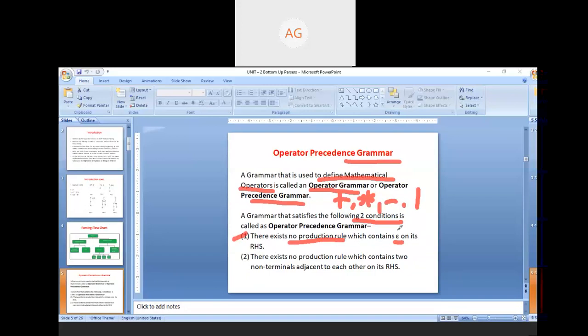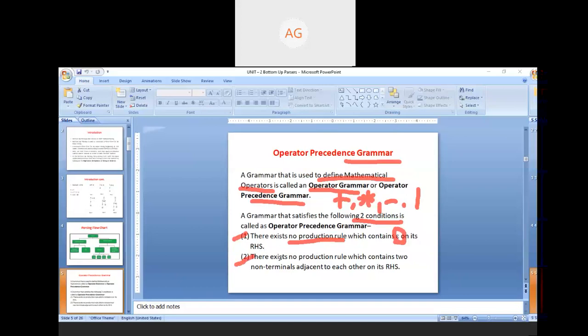Means epsilon will never occur on the right hand side of any production. And if there is a single production in your grammar which contains epsilon in the right hand side, then that grammar is not considered to be operator precedence grammar.